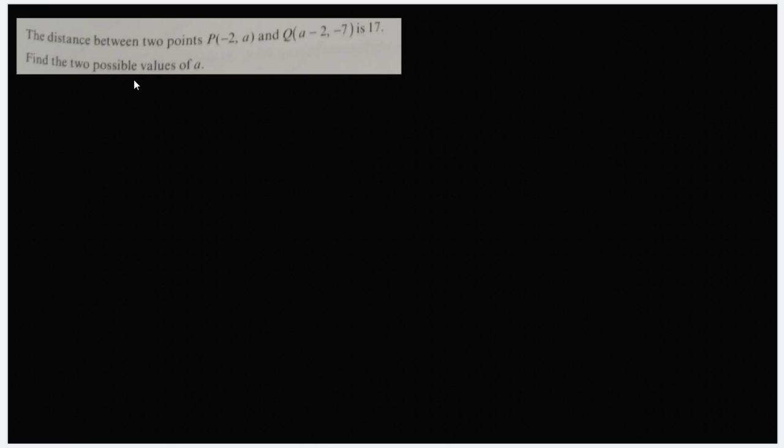Suppose we decide that the negative 2 and a will be our x sub 1 and our y sub 1.